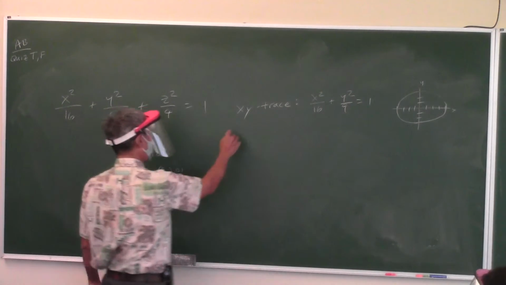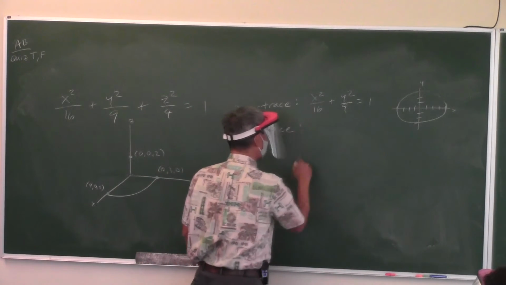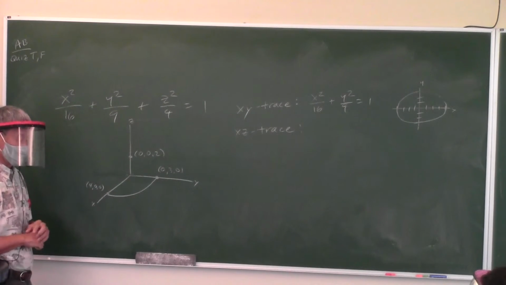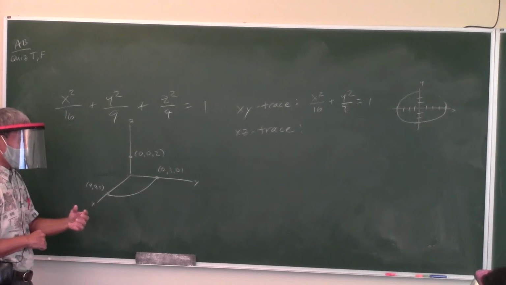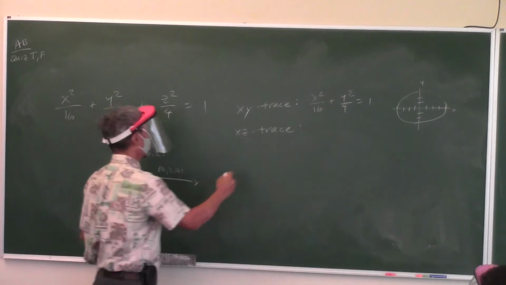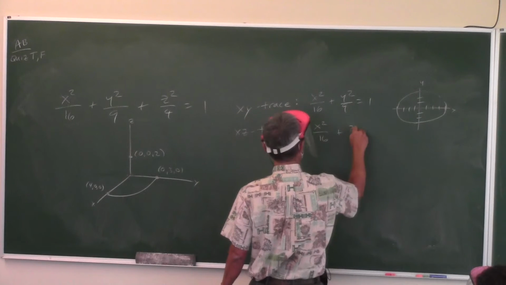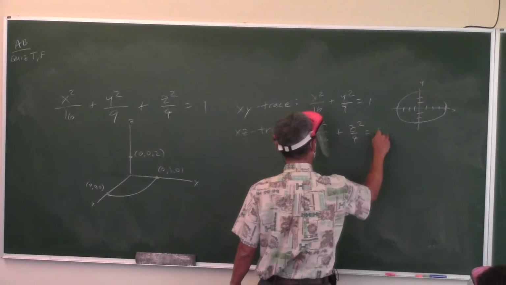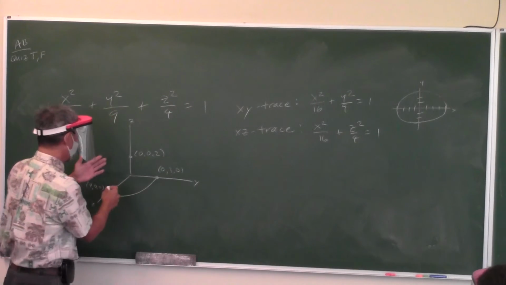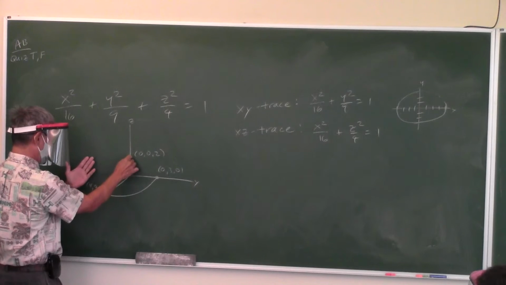Next, what is the xz trace? Where does this graph intersect the xz plane? Well, you could probably guess. Plug in 0 for y. So you're going to get x squared over 16 plus z squared over 4 equals 1, which is an ellipse. So in the xz plane, you're going to see an ellipse, which is like this wall right here.